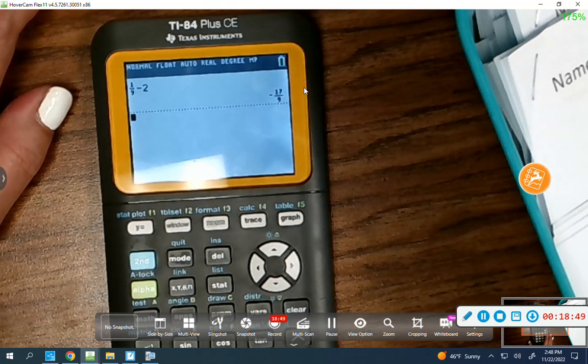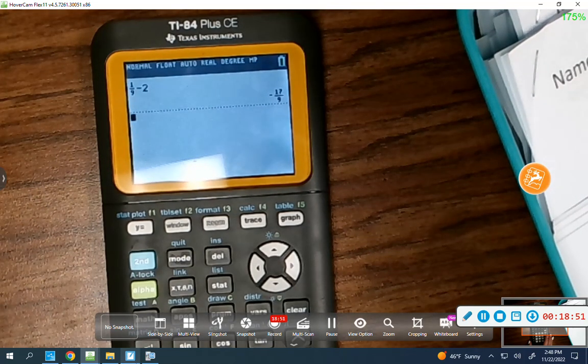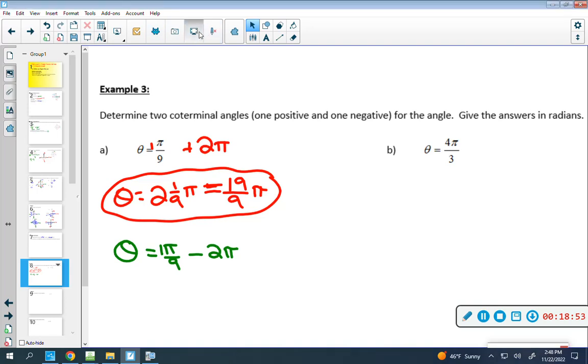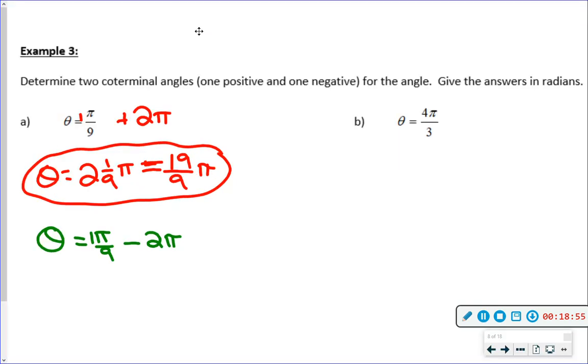I got to put the pi back on. Don't forget the pi. There's 17/9. Or you could make your common denominator and do it in your head. Because I just think of 2 pi as 18/9, so 1/9 minus 18/9. There you go.